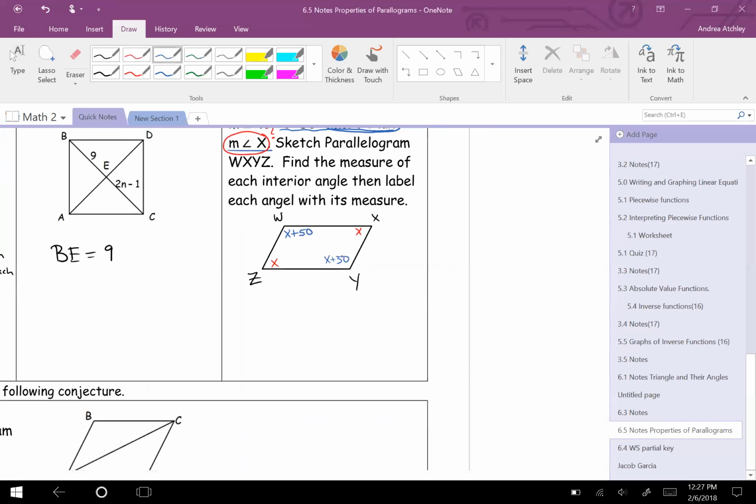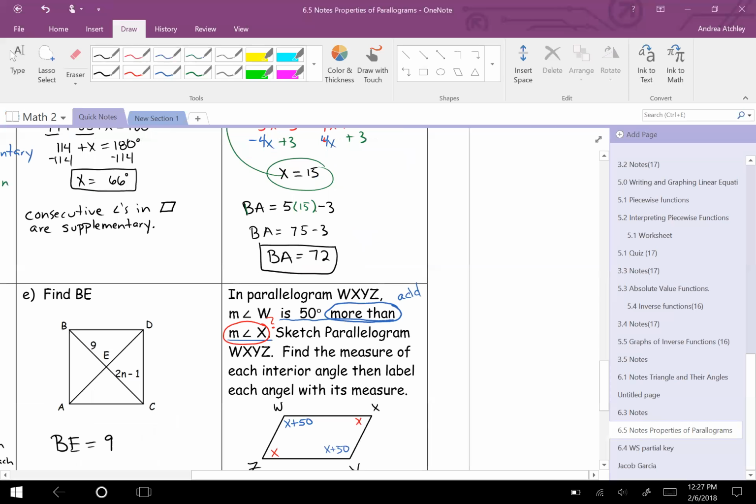Anyone know how I'm going to set up my equation here? Okay, X plus 50 plus X plus 50. Desiree, what do I know about my angles in a parallelogram?